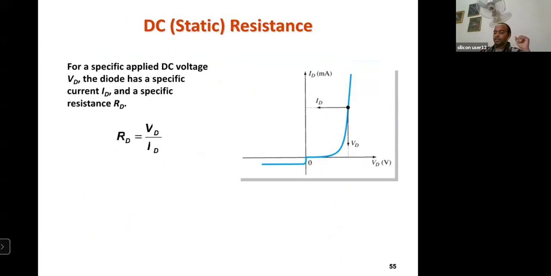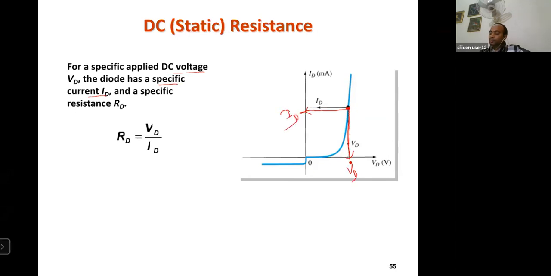For a specific applied DC voltage VD, the diode has a specific current. Obviously, and the specific resistance is given by VD by ID. Suppose at this point you want to find out how much is the DC resistance. So what you will do, you make it vertically connected, and this value is your VD, and make a horizontal line here, and this value is the ID.